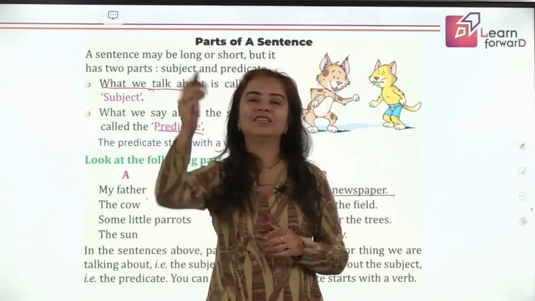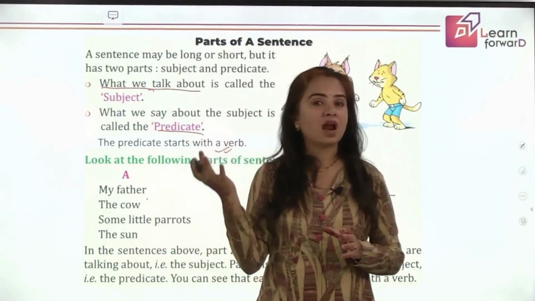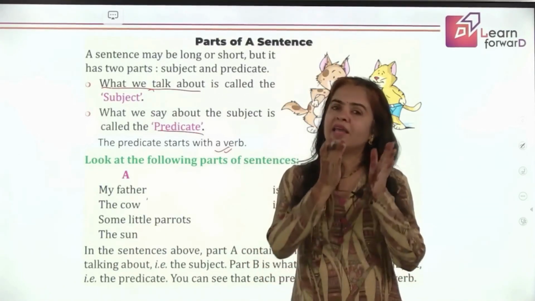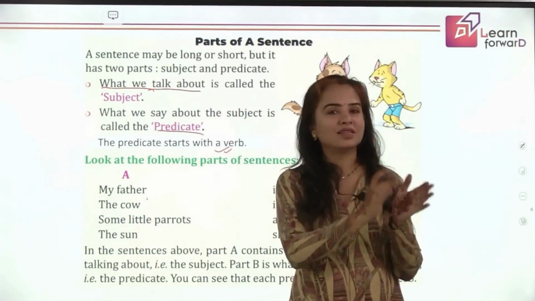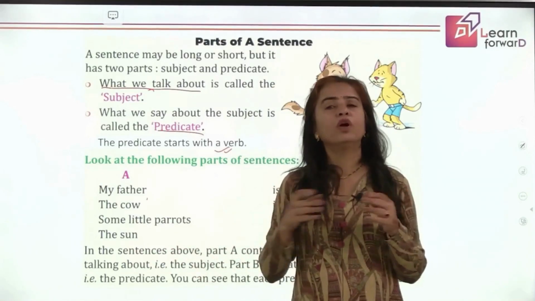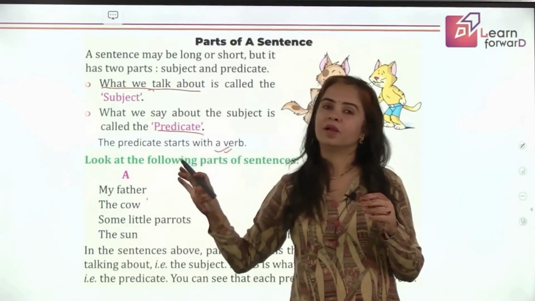See, another one is saying the sun sets in the west. Wow, the sun is a round ball of fire. Very nice. So, we can say so many things about the sun. The sun is the subject and whatever way you are completing the sentence, whatever you are speaking about the sun, that all is the predicate.